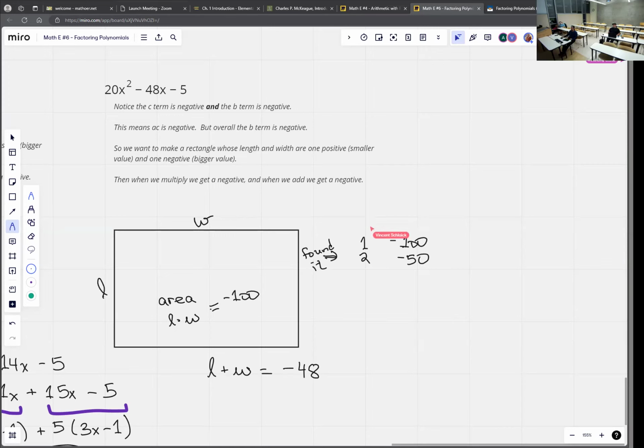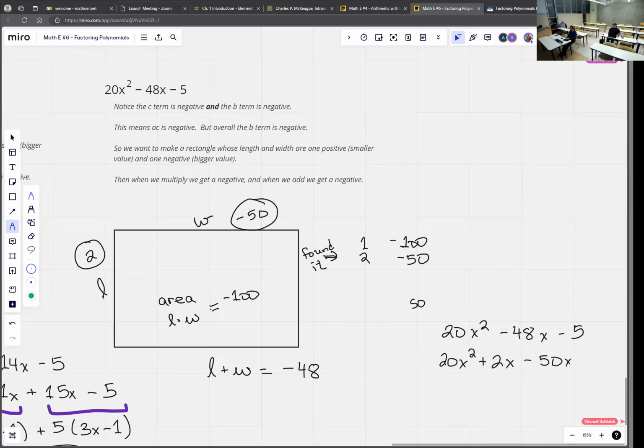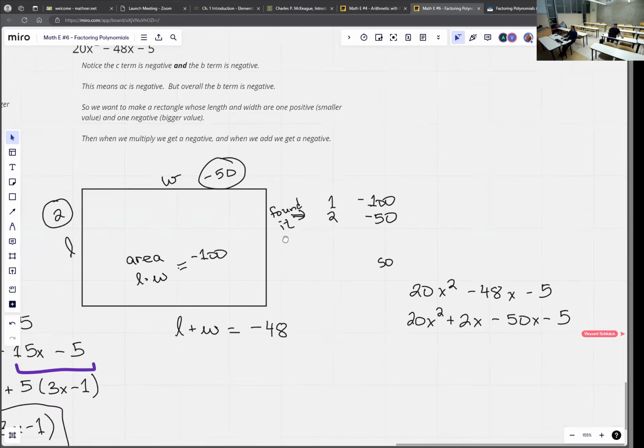So I will take my original thing and break it apart with the -48 turning into a 2 and a -50. By the way, does it matter if I write the 2 first or the -50 first? No, can't go wrong.